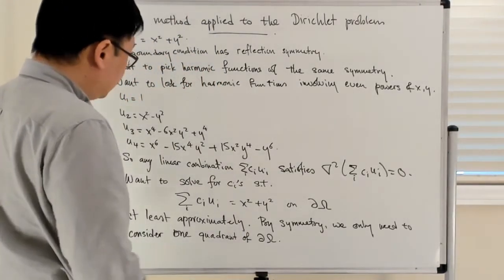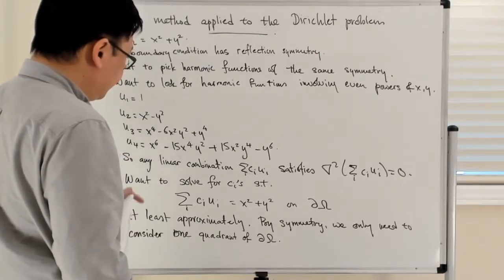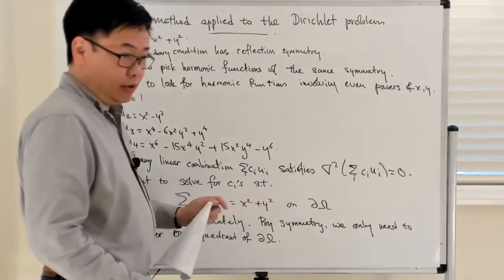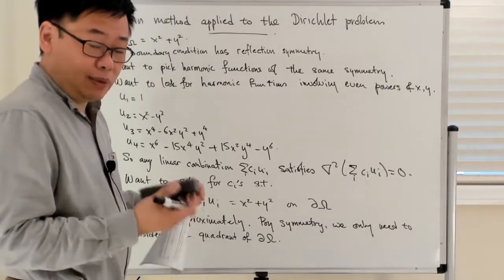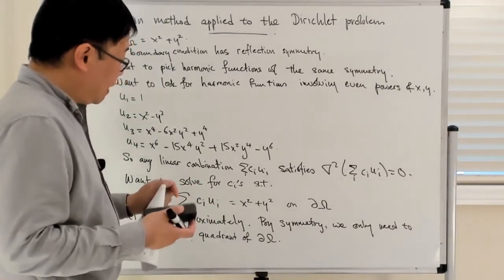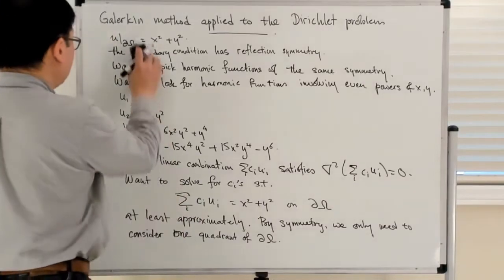So one way to approximate this boundary condition is to just choose some points on the boundary and check whether that's satisfied. So let's see what happens.